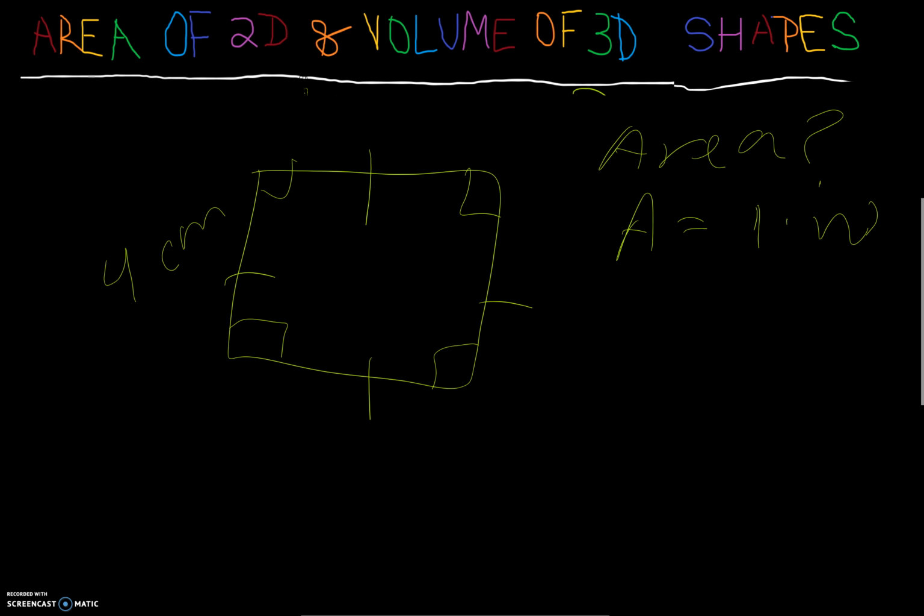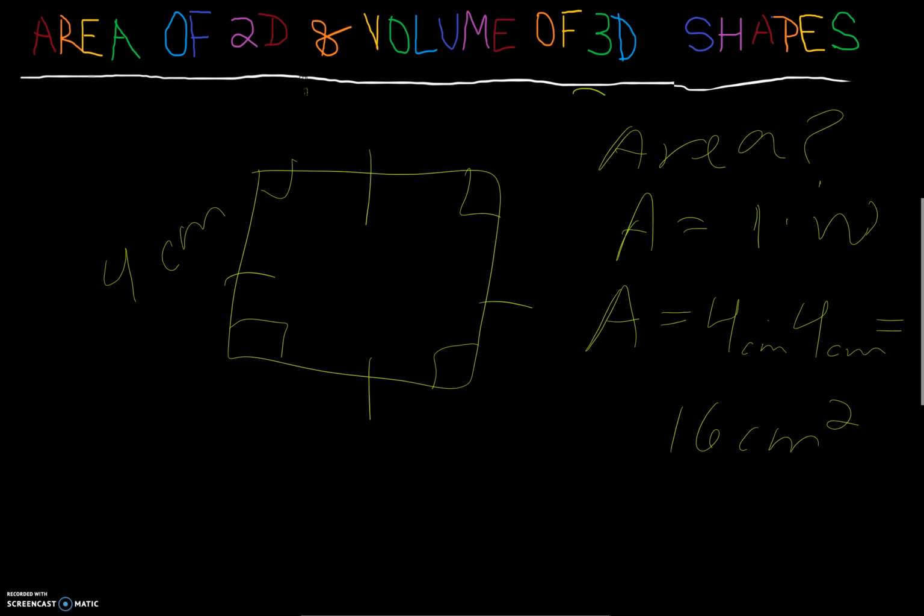And I know all 4 of these sides are equal to 4 centimeters. So I can say area equals 4 centimeters times 4 centimeters, which is equal to 16 centimeters squared. Don't forget to multiply your units. It's 4 centimeters times 4 centimeters, not just 4 times 4.